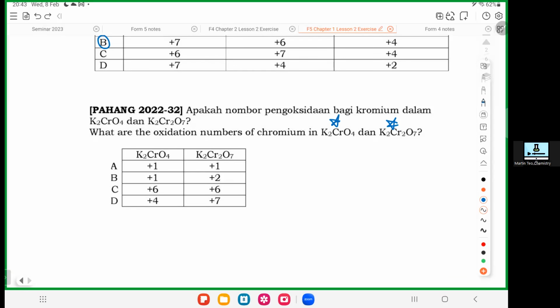Take your time, try to do it, and then type the answer in the chat box. If you really don't know how to do it, type a cross.